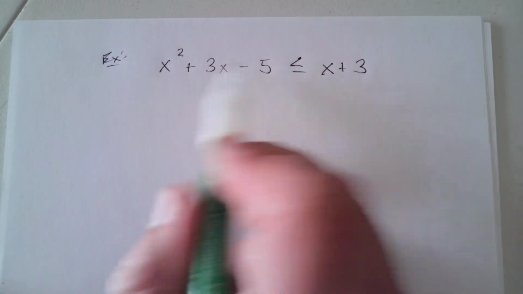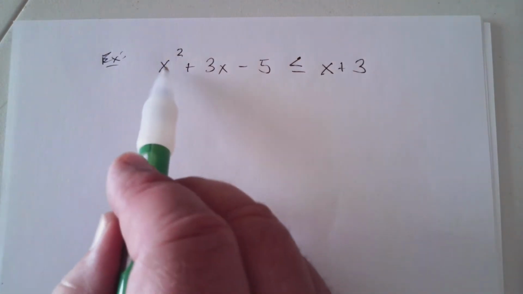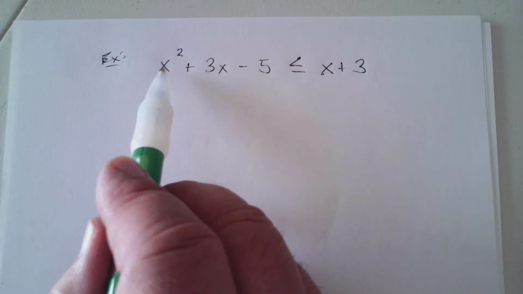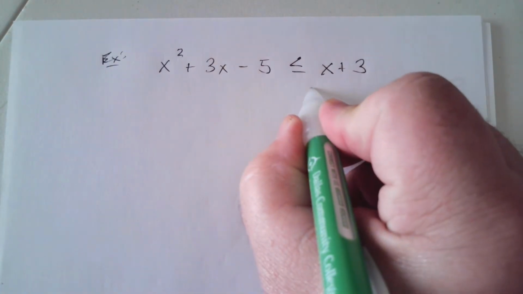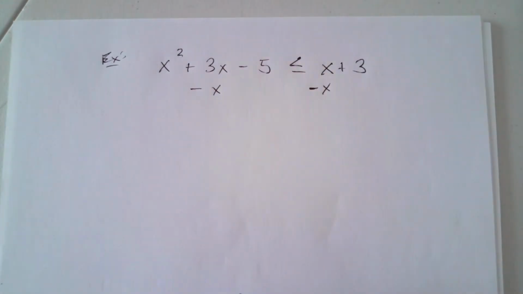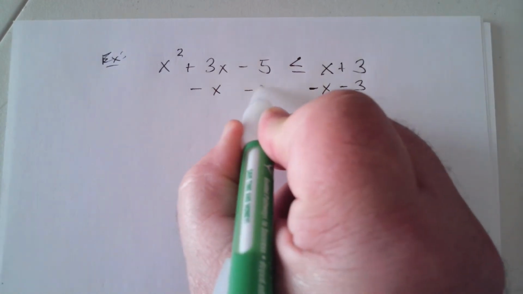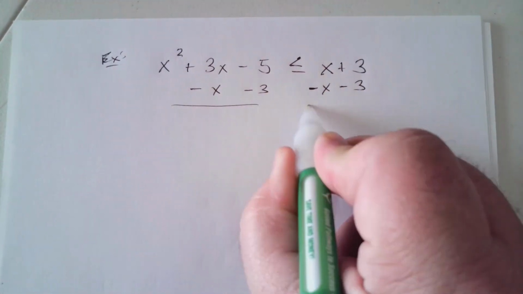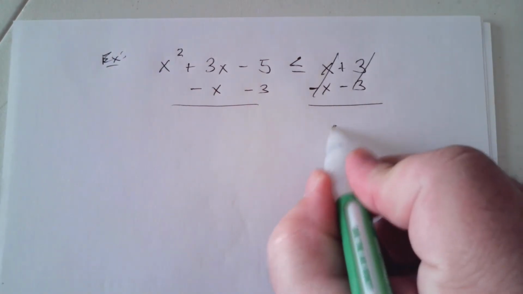Since we have x's on both sides, remember one side has to be 0. We always move the smaller x's to the larger. Since that's an x squared, that's the largest, so we have to move these to the other side. I subtract x, and I also subtract 3. So that disappears, so I have a 0.